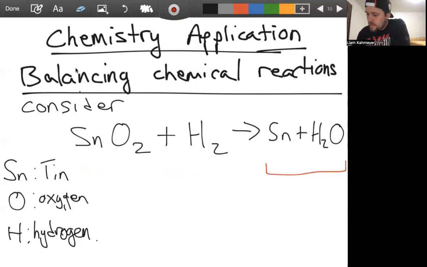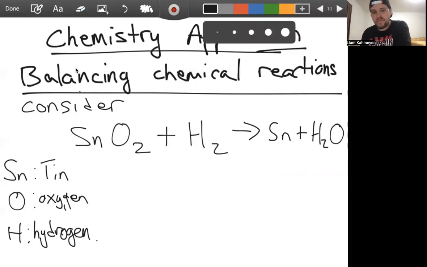So what we need to do is balance this equation. This means we need the same number of tin on the left side as we have tin on the right side. We need the same number of oxygen on the left side as we do on the right, et cetera. And so we can set up a system of equations.